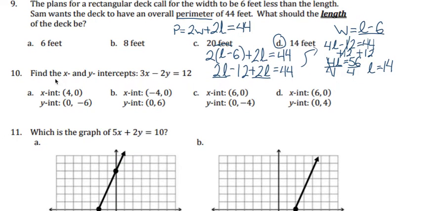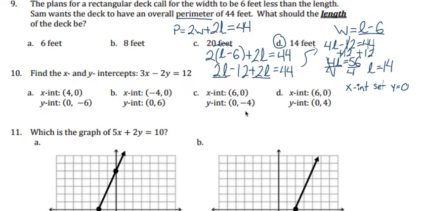Number 10. Find the x and y intercepts for 3x minus 2y equals 12. Whenever we're looking for one of the intercepts, we'll start off with the x-intercept. We have to set the opposite variable equal to 0. So if we're looking for the x-intercept, we need to set y equal to 0.